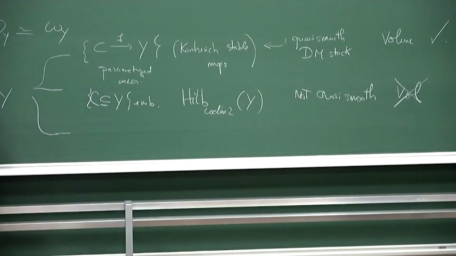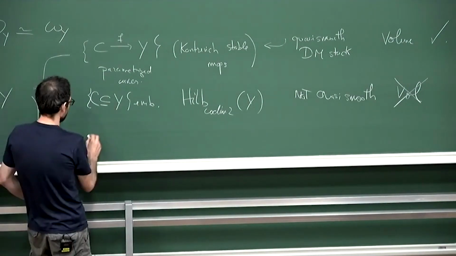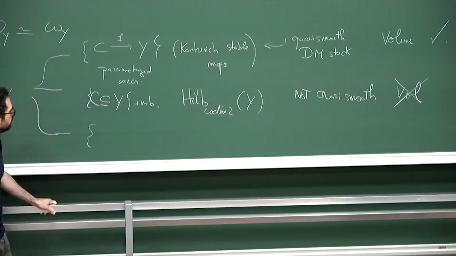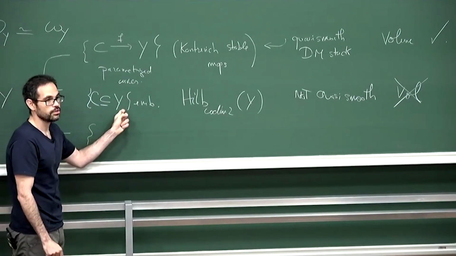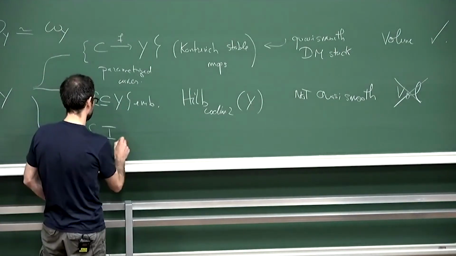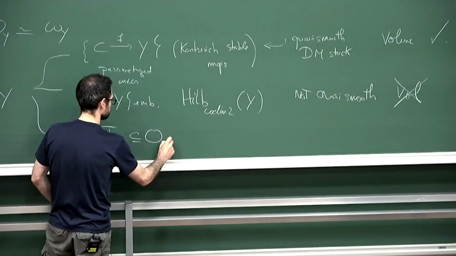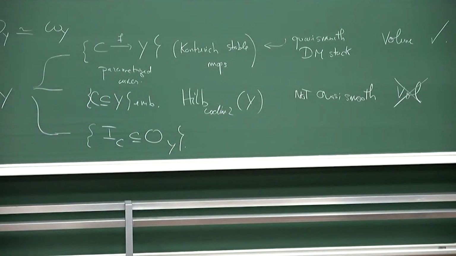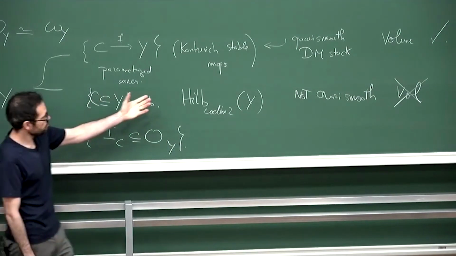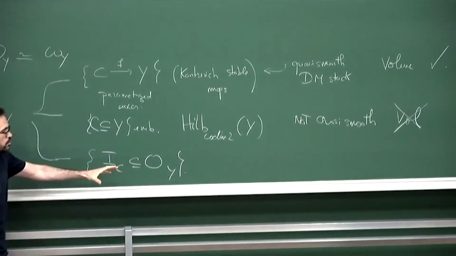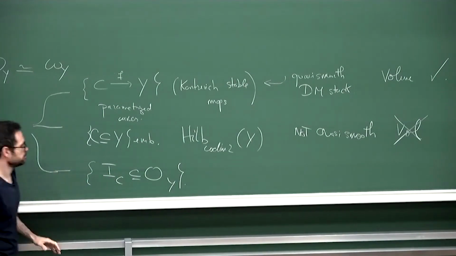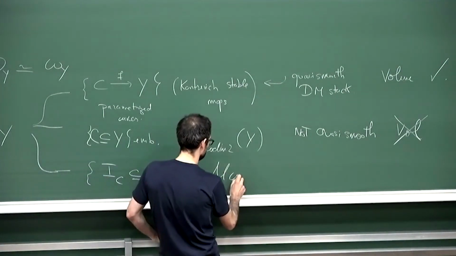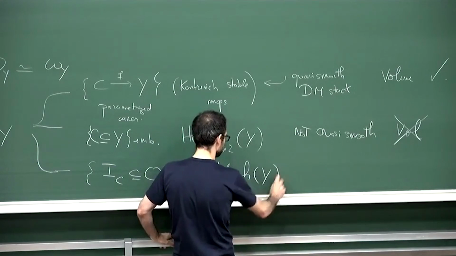Which brings us to the third approach, and this is the one I want to mention throughout the talk, which is to say, okay, I can replace the curve by the ideal sheaf corresponding to the curve. More precisely, instead of looking at the Hilbert scheme, I will look at the moduli space of coherent sheaves in Y. I'm being very imprecise here.